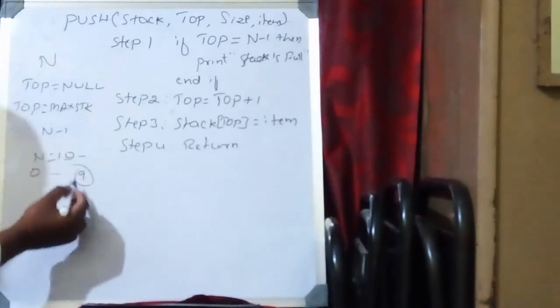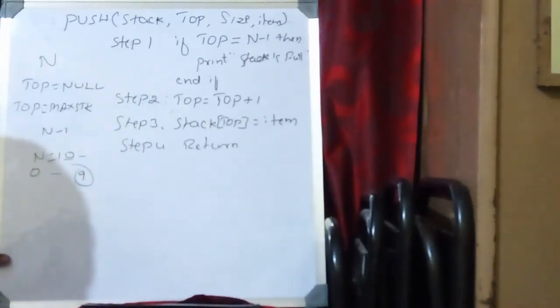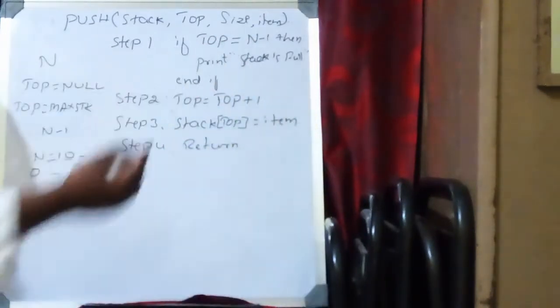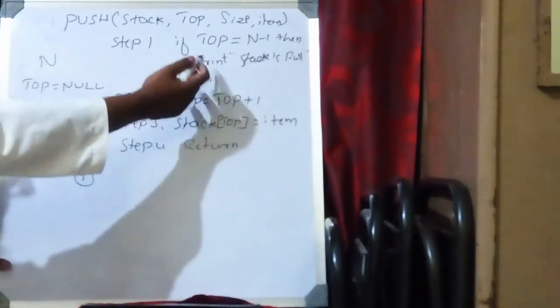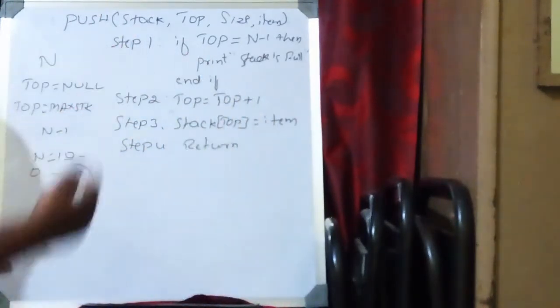If the top value is 9, the stack is full. We already entered the maximum elements into the stack. So if top is equal to n minus 1, we display a message: stack is full. If the stack is full, we cannot add another element into it. Clear? Then it executes this statement and comes out of the function.